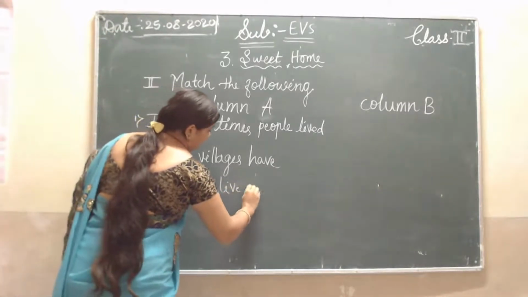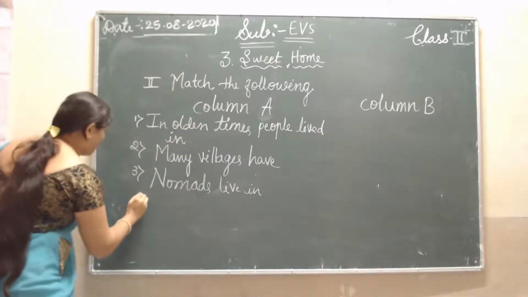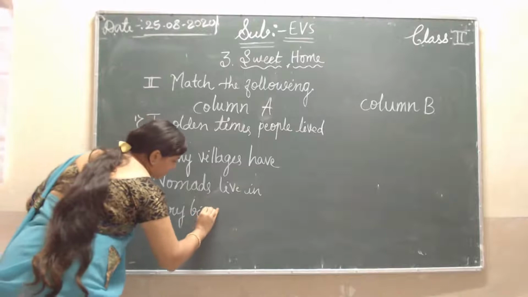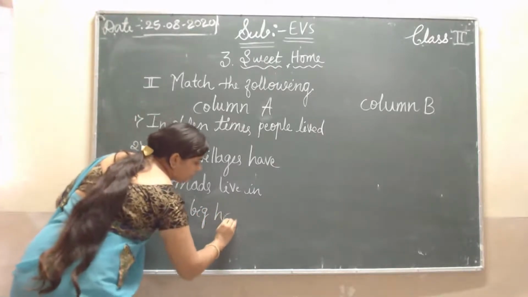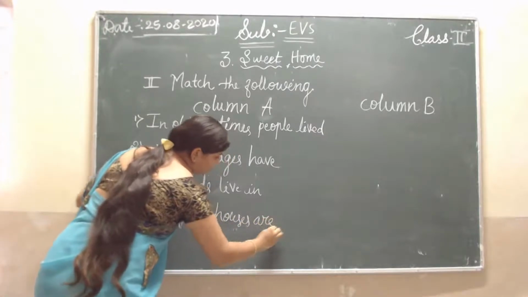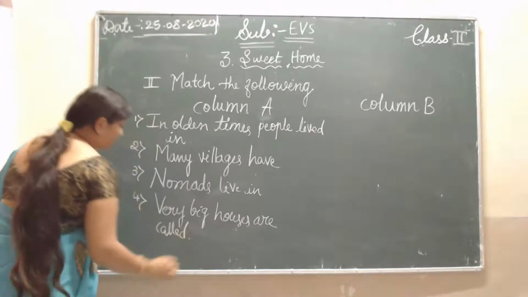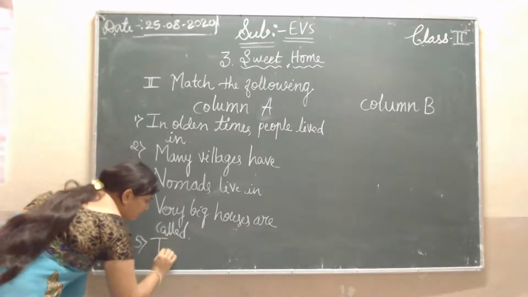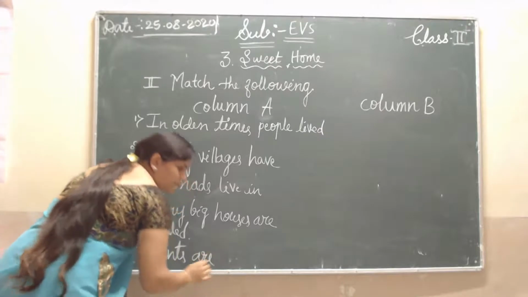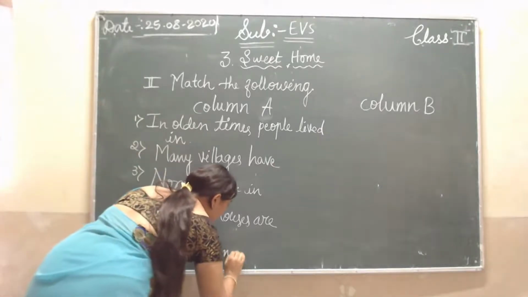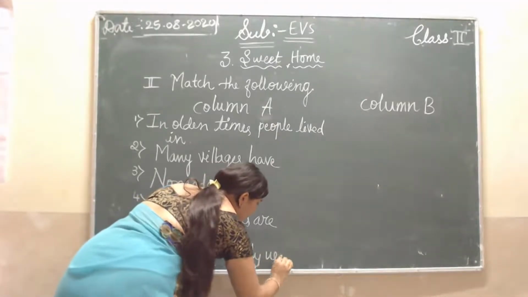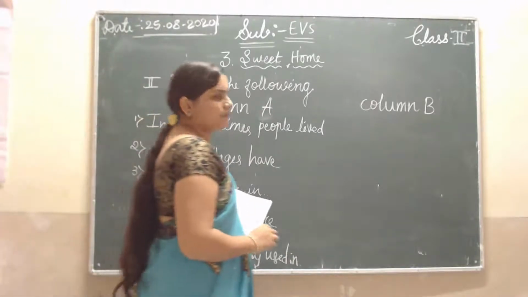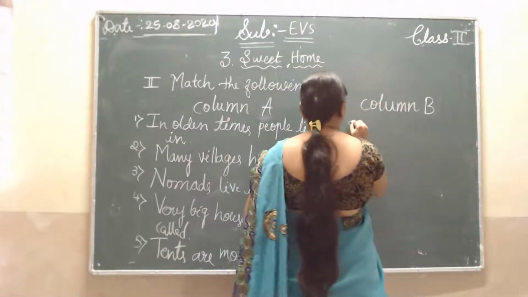Fourth one, very big houses are called. Next, fifth one, tents are mostly used in.